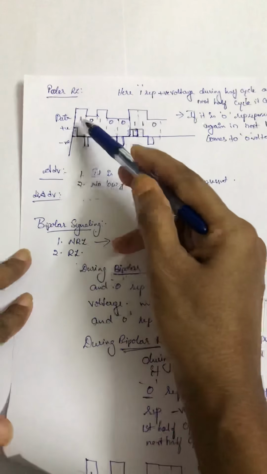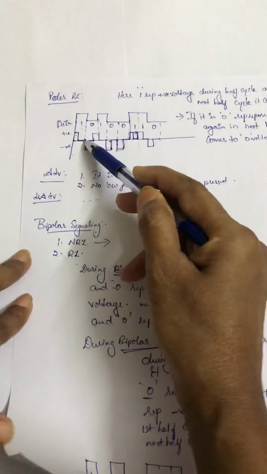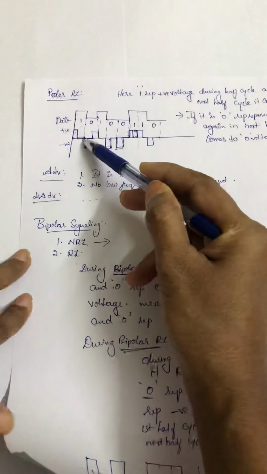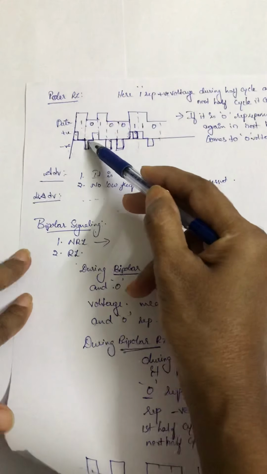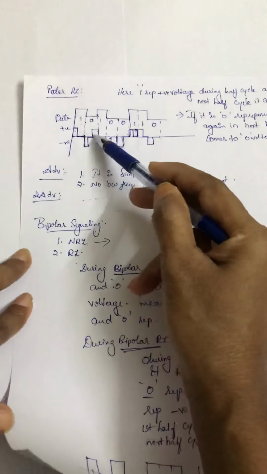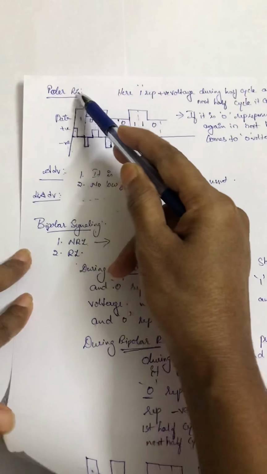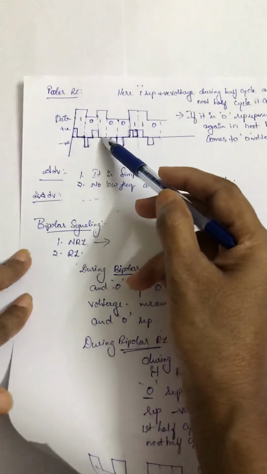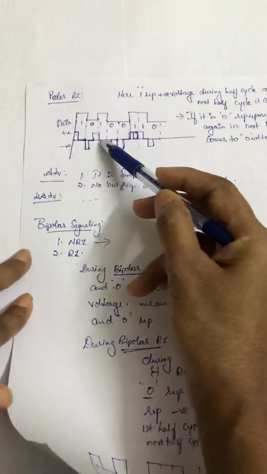Here 1 indicates a positive pulse, and immediately in the next half it comes to 0. Now 0 indicates a negative pulse, and again comes to 0. Next 1 indicates a positive pulse and comes to 0, because our case is return to 0. That's why always in the next half cycle it comes to the 0 axis.